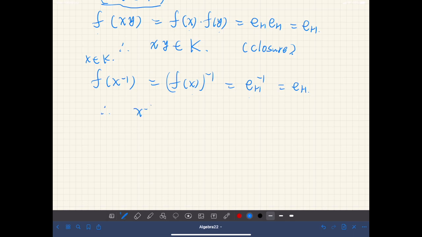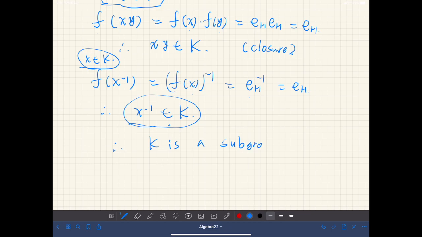Therefore, x inverse belongs to K. Therefore, every element of K has its inverse within K. Therefore, K is a subgroup of G.